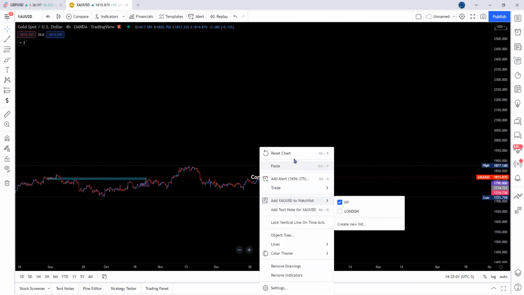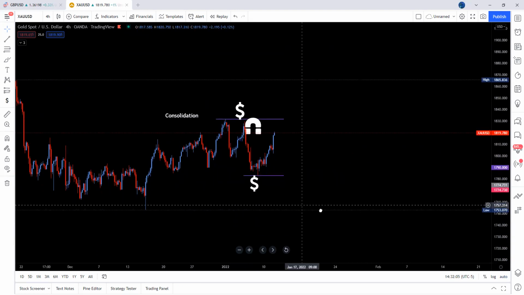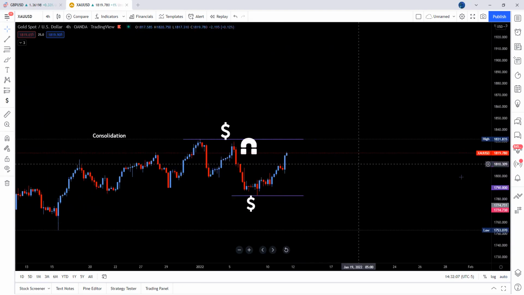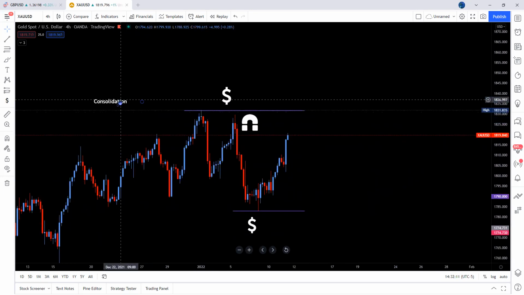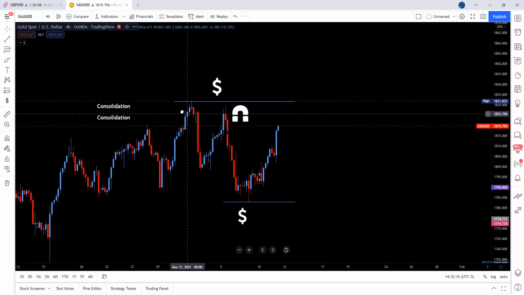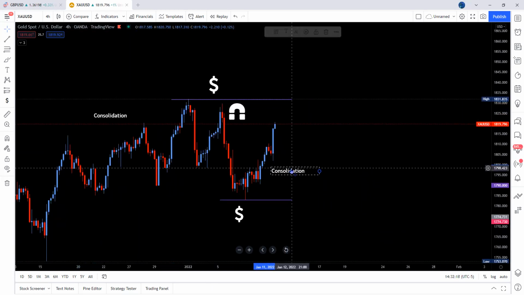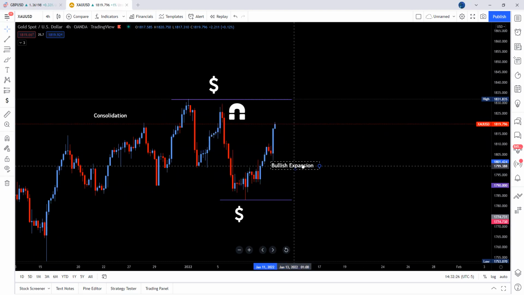So if we're looking at the very, very local, meaning the very temporary points right here, this technically would be a bullish position, right? So right here, we're looking at a bullish expansion. Okay, that's kind of simple right there.